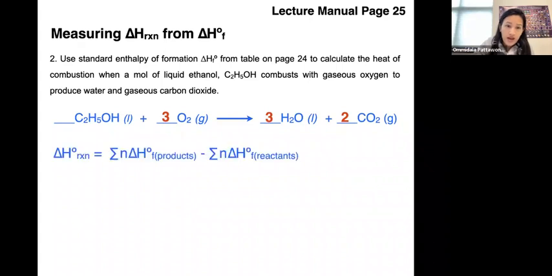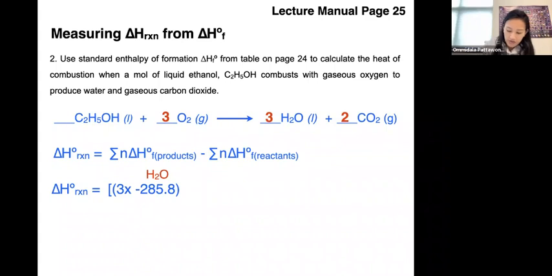Then in order to find the enthalpy of reaction, we're going to use the enthalpy of formation, right? That's what it's asking us to do. It's asking us to use this information right here. So in this case, I'm going to start with 3, which comes from water, which is the product.